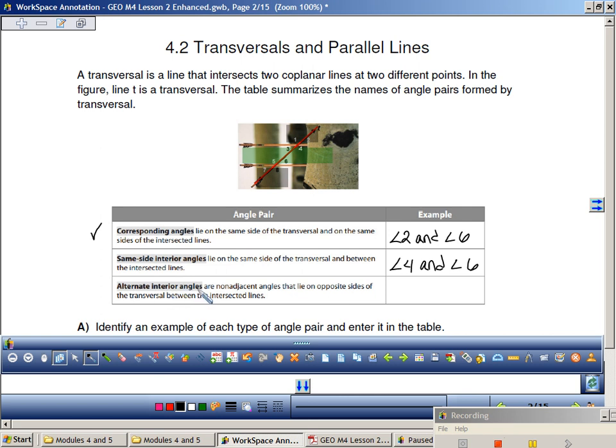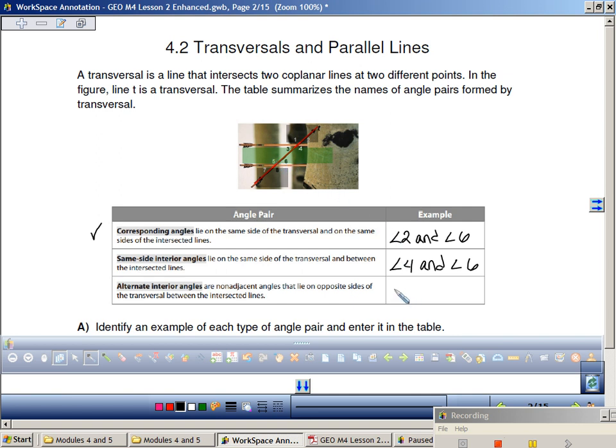Alternate interior. So I'm still talking about that green area, right? But instead of being on the same side, they're on opposite sides. Not just opposite sides, but alternate sides. So 4 and 5 would be alternate interior, and also 3 and 6 would be alternate interior.